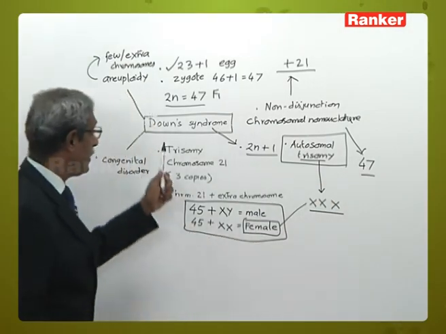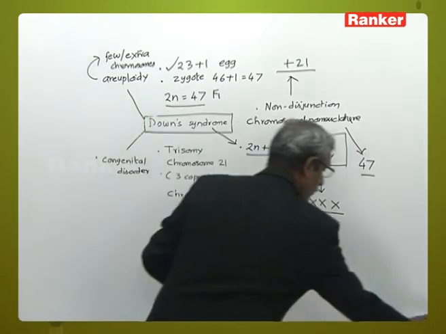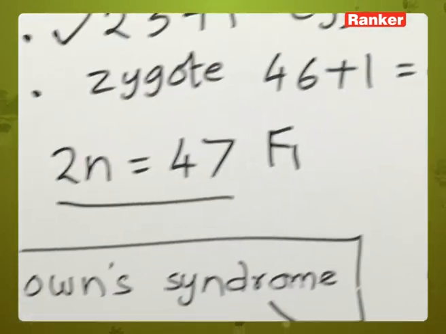And normally, the symptoms of Down syndrome, in the form of a cluster of characters, are as follows.